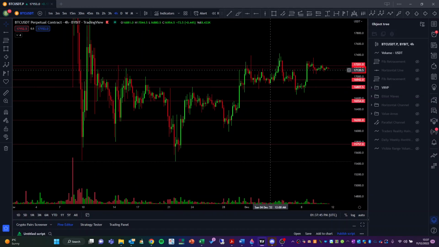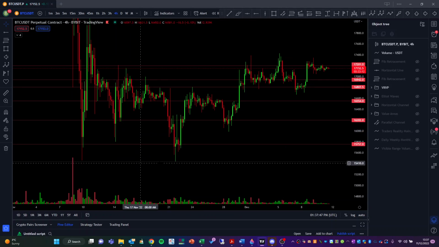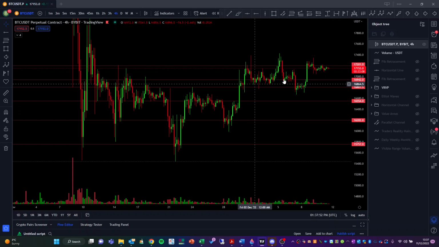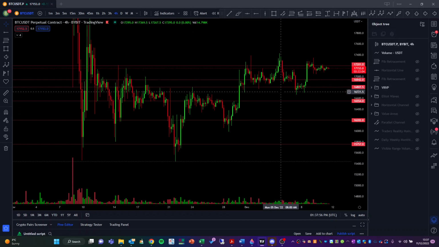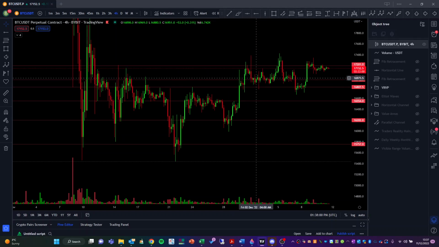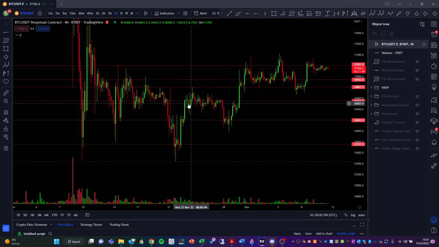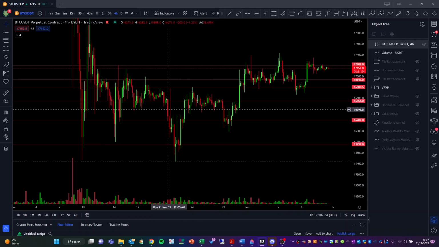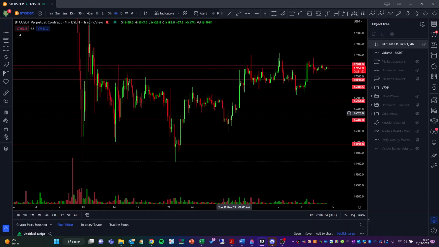A good idea is to have DCA levels around these areas, because the sticky areas in the chart are where liquidity is flowing in and out. You can see here, here, and here, all the way through, and it's interesting that between the zones is where you see the big moves to the upside and downside.